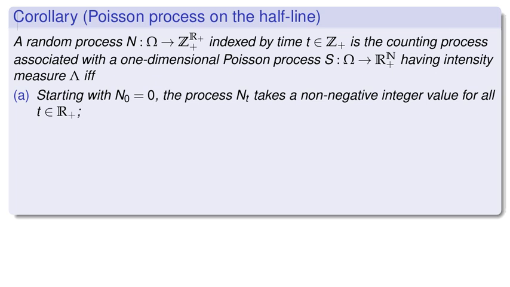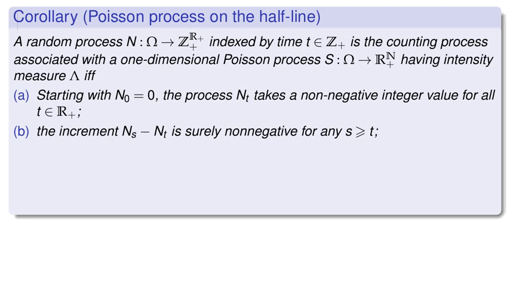Let's consider a corollary for a Poisson process on the half line. A random process N mapping from omega to Z plus raised to R plus, indexed by time t in Z plus, though usually R plus for continuous time, is the counting process associated with a one-dimensional Poisson process S mapping from omega to R plus raised to N, having intensity measure lambda, if and only if the following conditions hold.